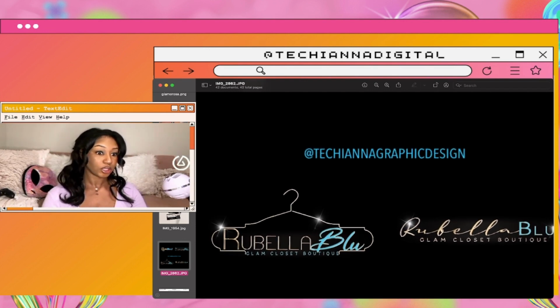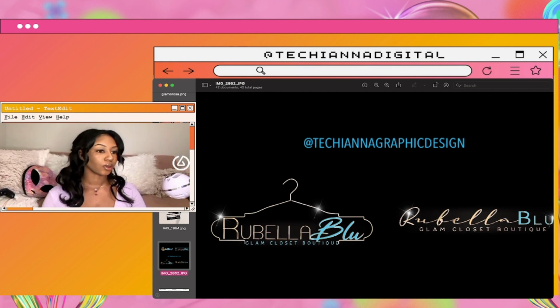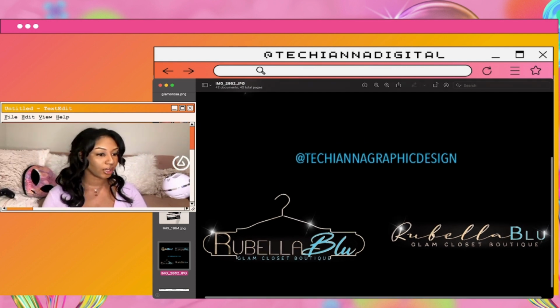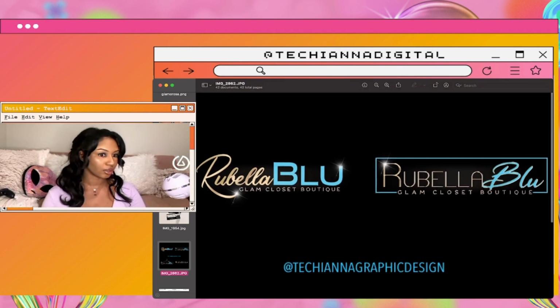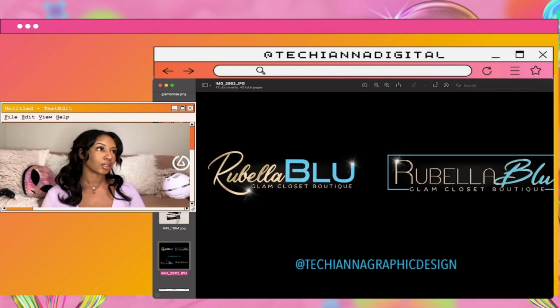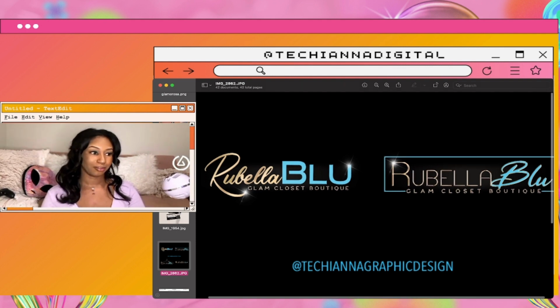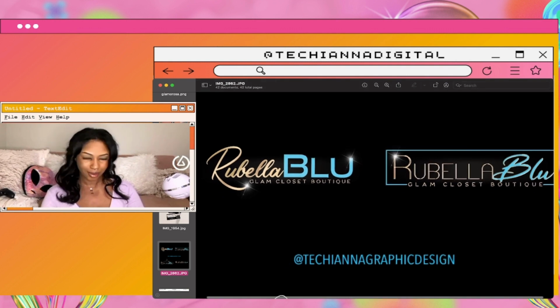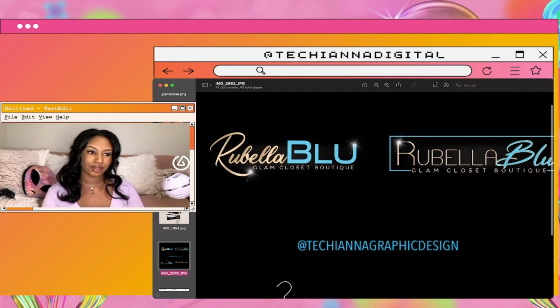She tore me a new one when I sent her these designs because she said the colors that she wanted were gold and Tiffany blue. And so I'm like, okay, this is gold and Tiffany blue. The gold that she wanted was more like a yellowish gradient. And I'm like, ma'am, I gave you actual metallic gold. No, so I was definitely a little disappointed.